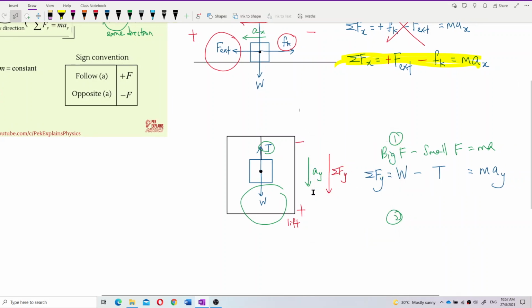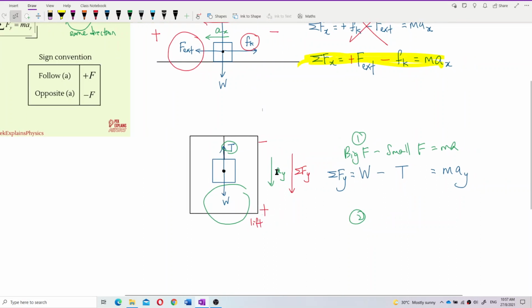So now follow this system: follow acceleration positive, opposite acceleration negative. Which force should you put positive? The weight you should put positive.